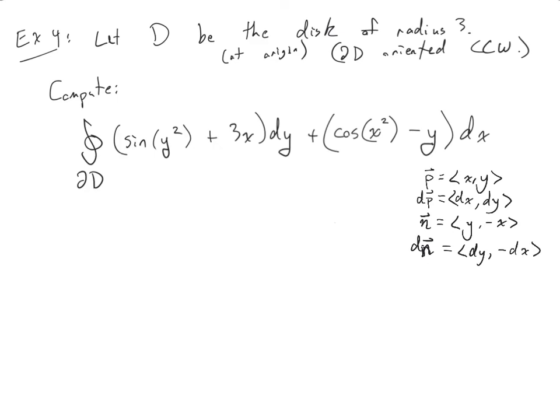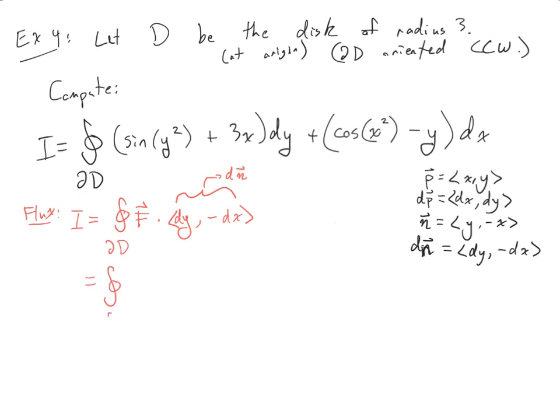So if we want to get this as a flux integral, let's label this integral I, and we can rewrite it in flux form. I is the integral which computes the flux of a vector field I'm going to call F dot dn, and dn is dy, minus dx. And so what is the vector field F in this case?